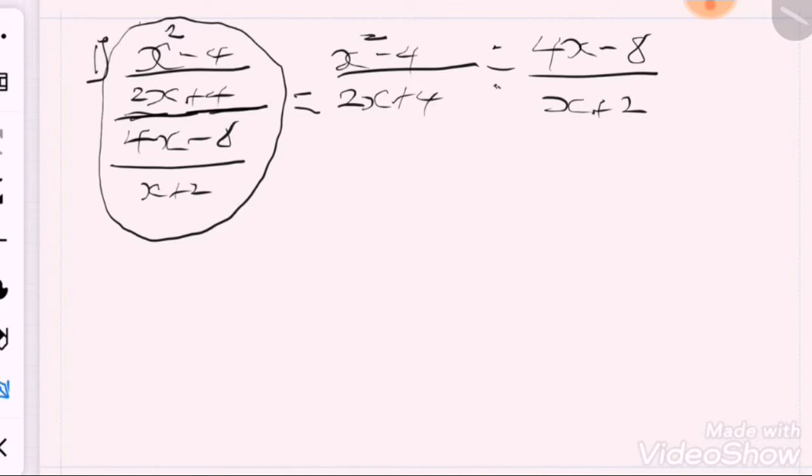So we can actually write the question again in this way by taking the reciprocal of this fractional divisor.